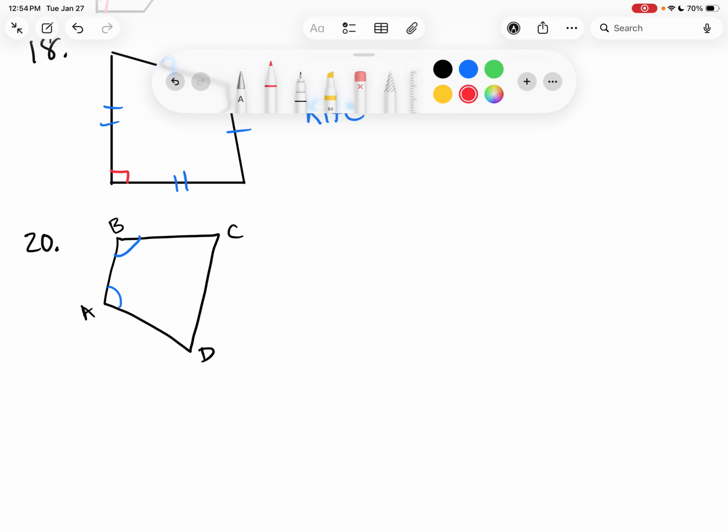Specifically, isosceles trapezoid. Yep, could be an isosceles trapezoid. Because if those are the base angles, they're congruent. That would mean the sides are congruent. What else could this be? What shapes could have consecutive angles that are congruent? Remember, this picture is not drawn to scale, so don't let that part confuse you.